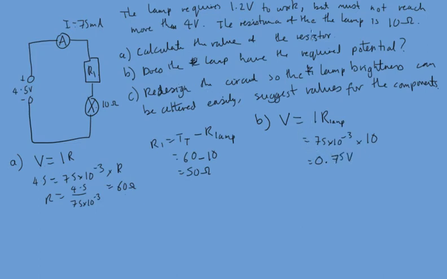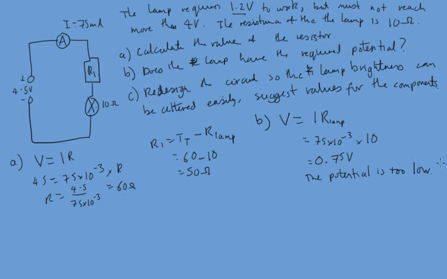So what were we told? It must have 1.2. So the potential is too low.